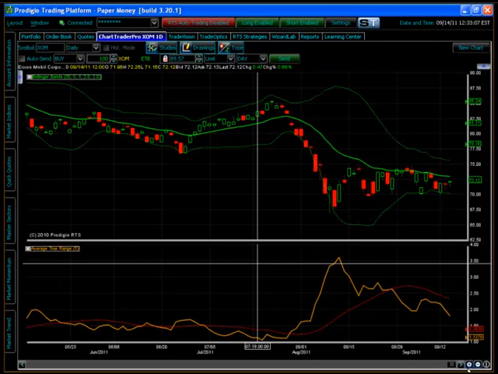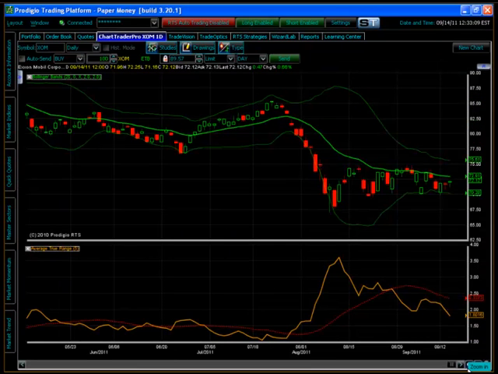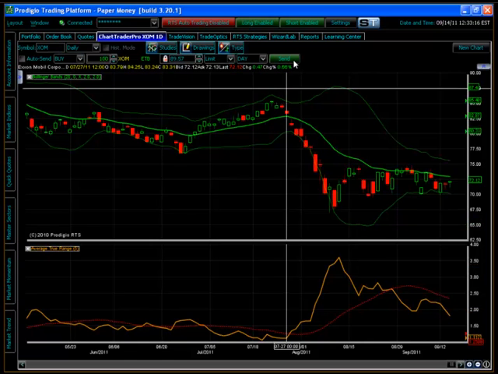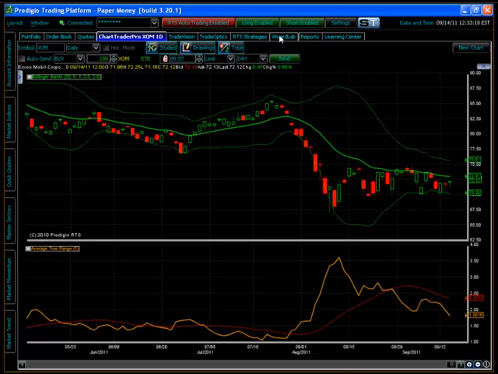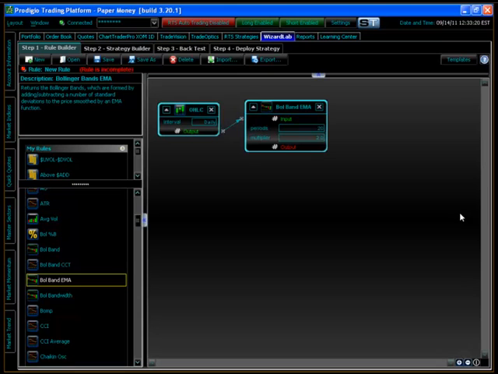Now, as I mentioned before, we're going to look for opportunities where the price breaks above and breaks below these Bollinger Band points. So I'm going to create two different strategies: a strategy that looks for long opportunities and a strategy that looks for short opportunities.